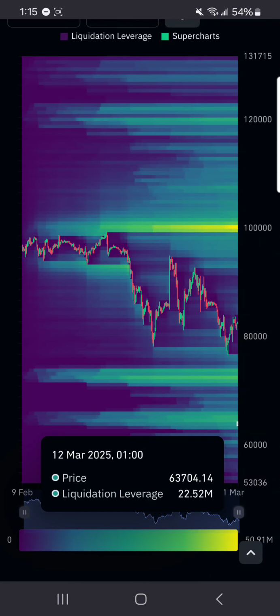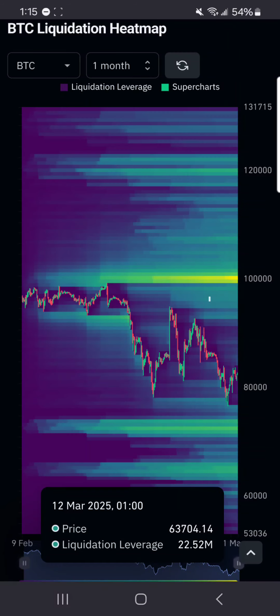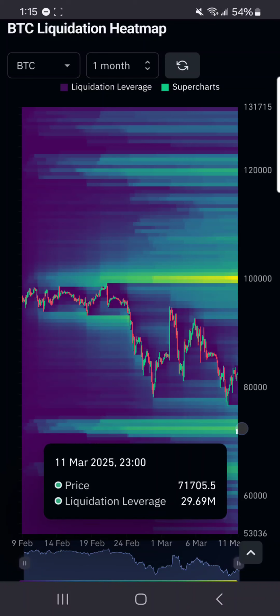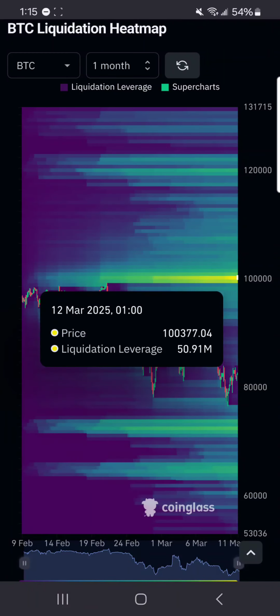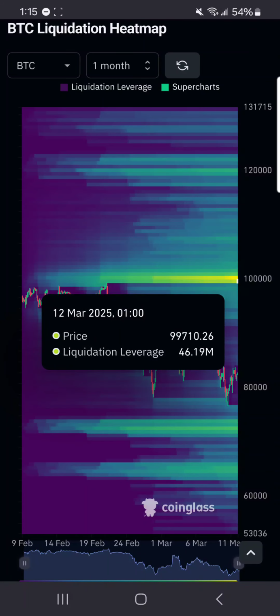Well, well, well. So, I don't know. As I see it now, this liquidity down here is safe. And possibly, how much is here? 50 million on that one.